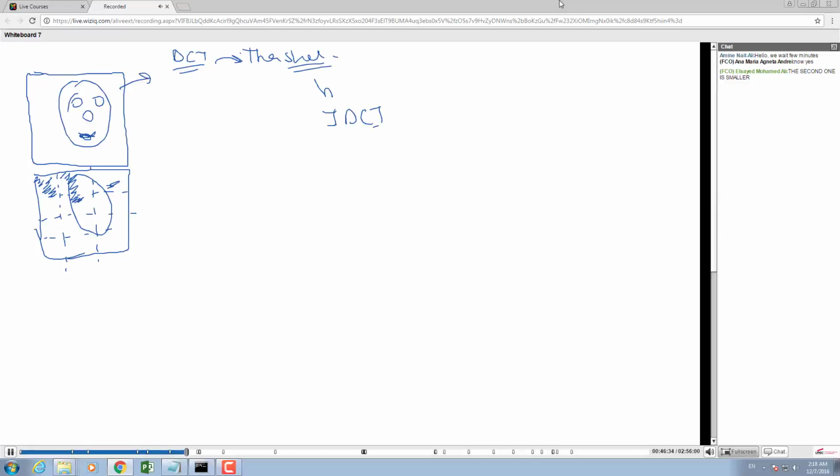Yes, imagine you capture a fingerprint. Imagine here it will be a fingerprint. Maybe the size of the image is 100 kilobytes. I don't know, it's just an example.